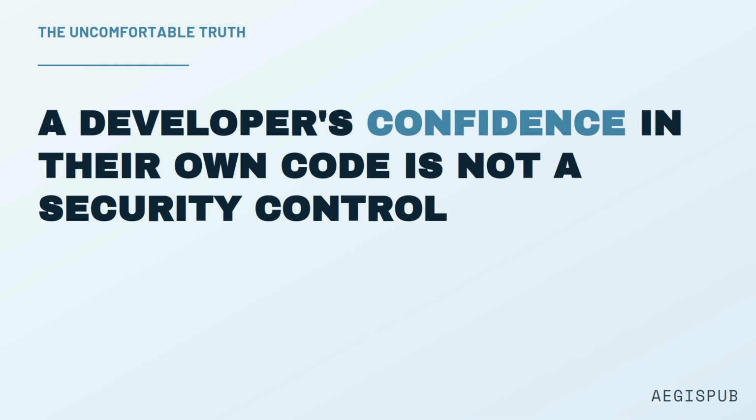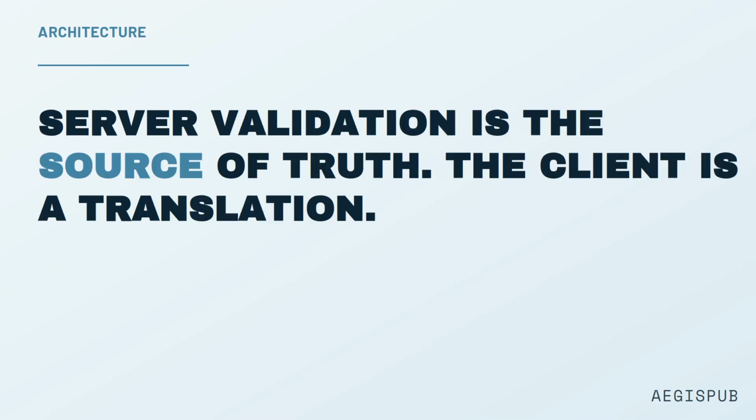It is the authoritative specification of what the system accepts. The client-side validation is derived from this specification, a translation of the server's rules into a form that the browser can execute for user experience purposes. But the source of truth is the server.